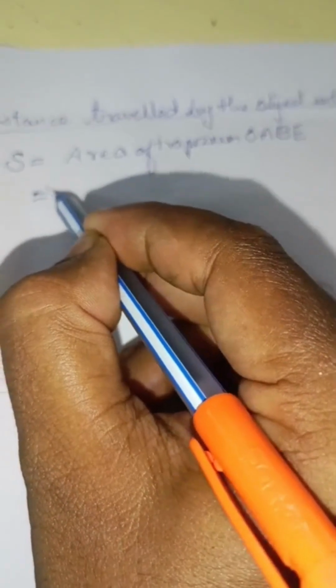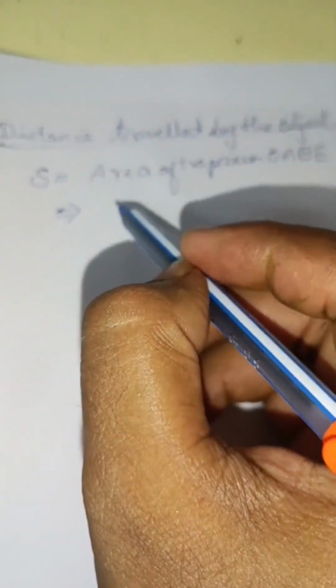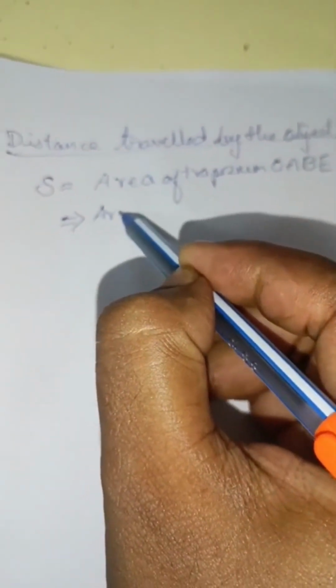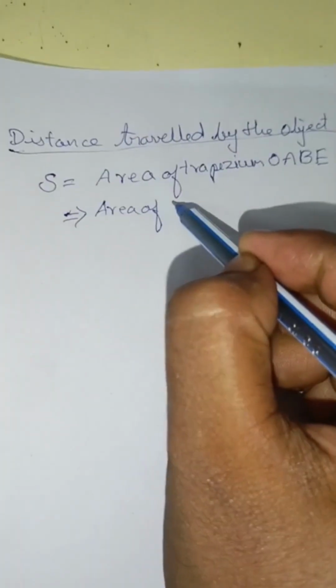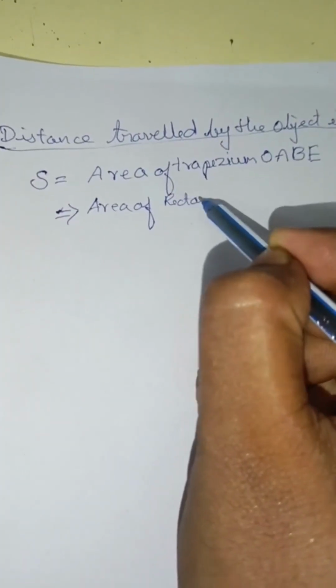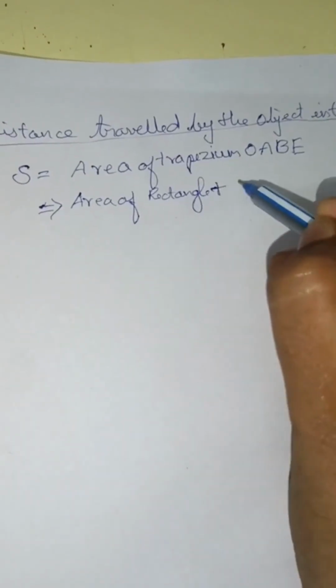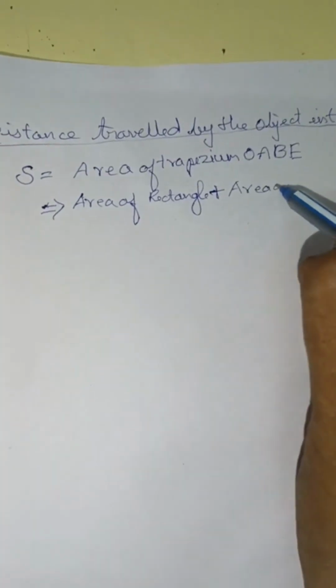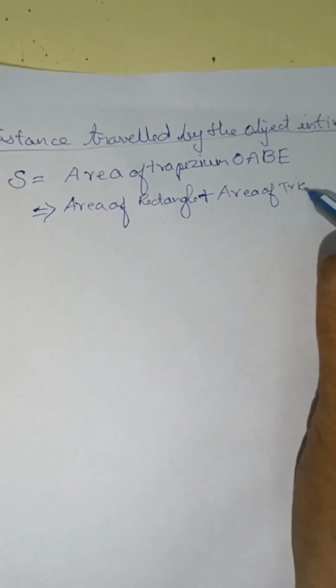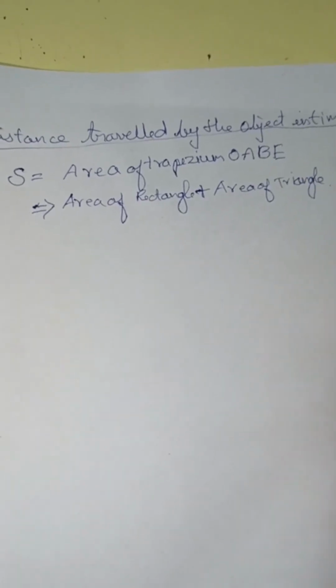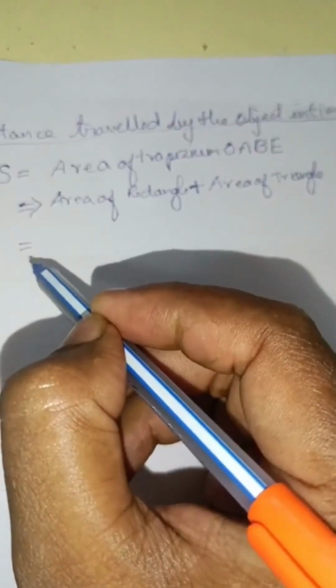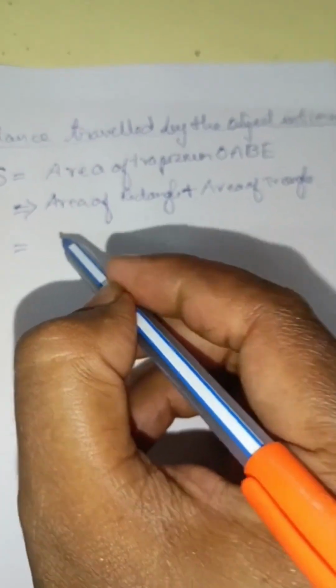This area of trapezium can be segregated into two parts: one is the area of rectangle plus the area of triangle. I have to write in this sense. We will see step by step so that you can understand better.